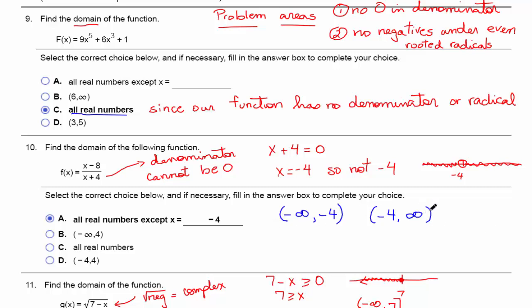Infinities always get parentheses. And since I have two branches, I would have this U in the middle for union. That would be in interval notation. They just wrote it as everything except minus 4.